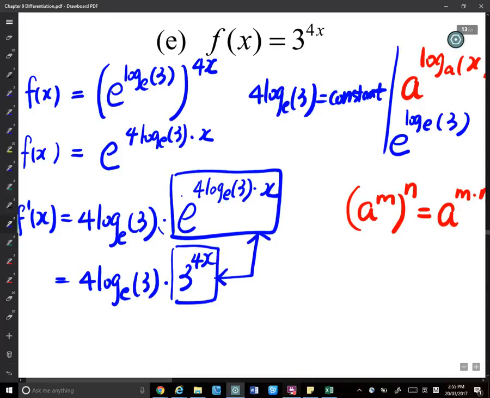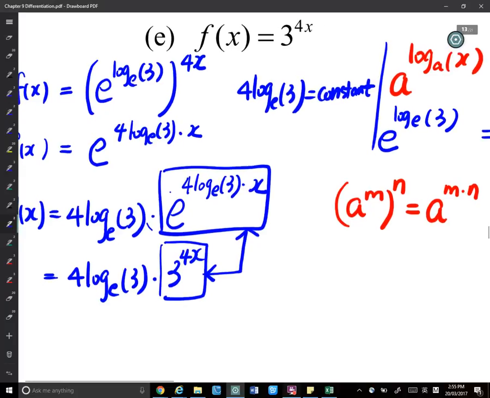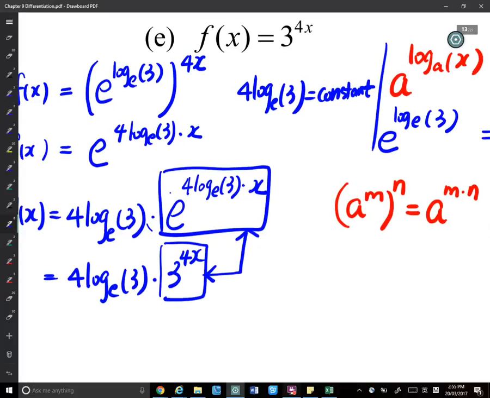Just make that into this form and then finally you need to simplify it down. That's how you derive an exponential function without a natural base. That's how to deal with this type of question.